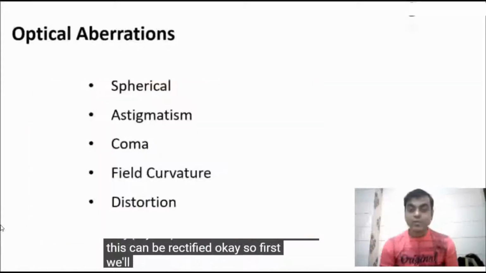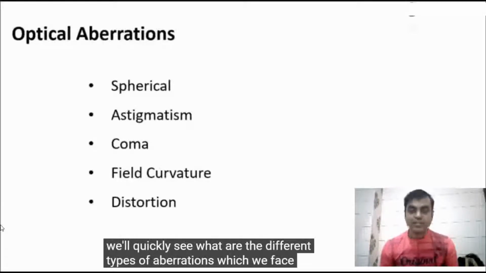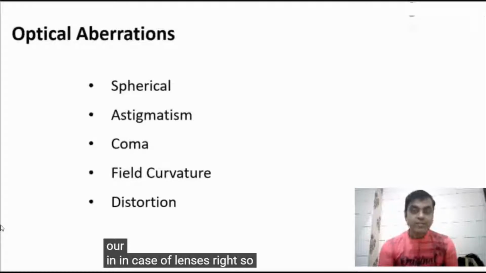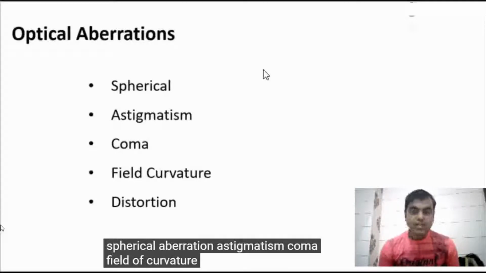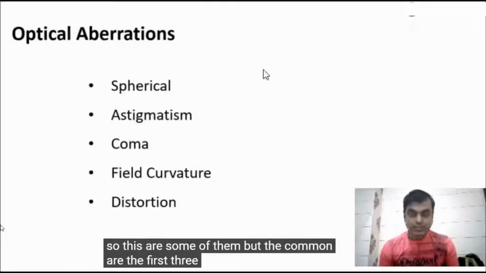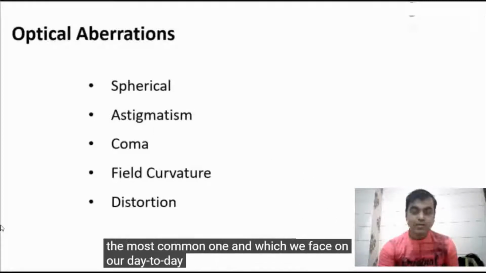So first we'll quickly see the different types of aberrations which we face in the case of lenses, namely spherical aberration, astigmatism, coma, field curvature, and distortion, right? These are some of them, but the first three are the most common, which we face in our day-to-day life.